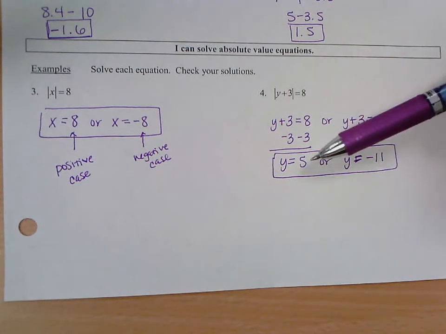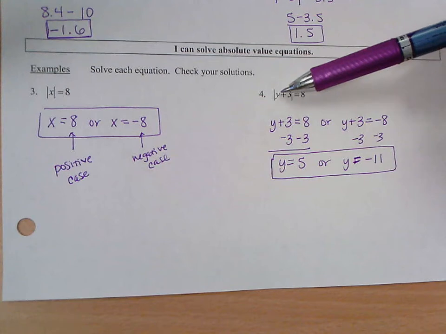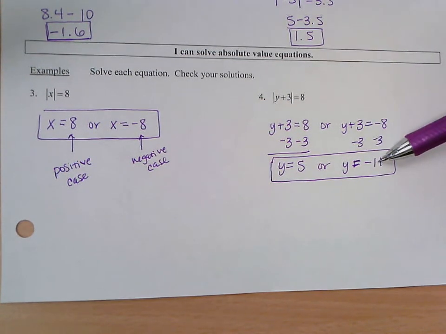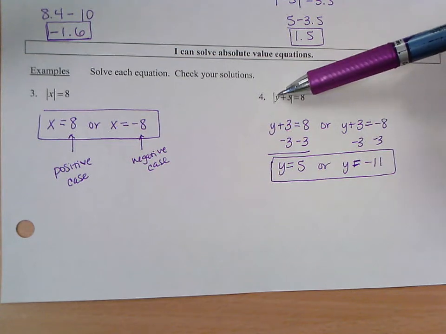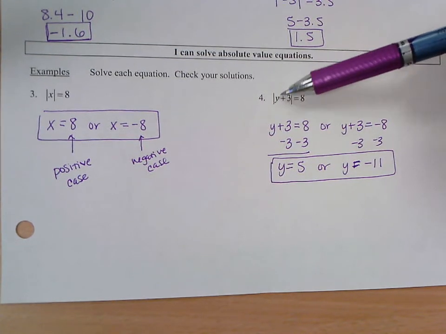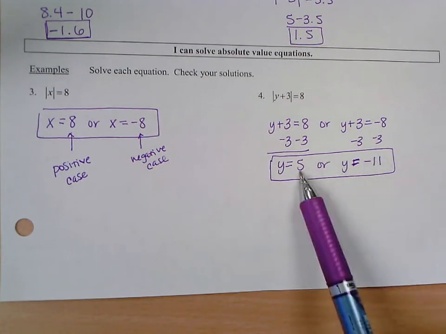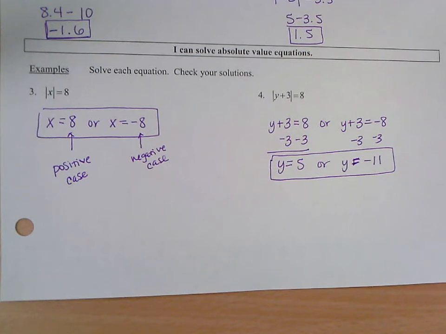So if I do substitute 5 in for y, I have 5 plus 3, that's 8. I know the absolute value is 8. If I substitute in negative 11 plus 3 is negative 8. Absolute value is positive 8. It is possible that one or both of your solutions, when you substitute them back in, might not work. So like I said, a lot of the time you get two answers, but not always.